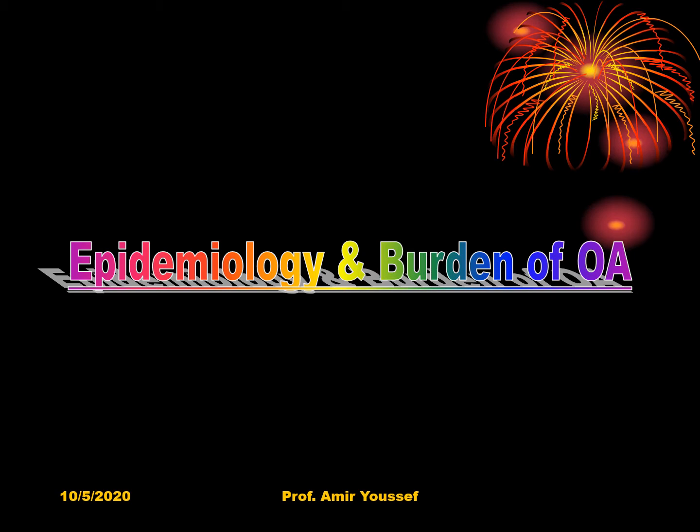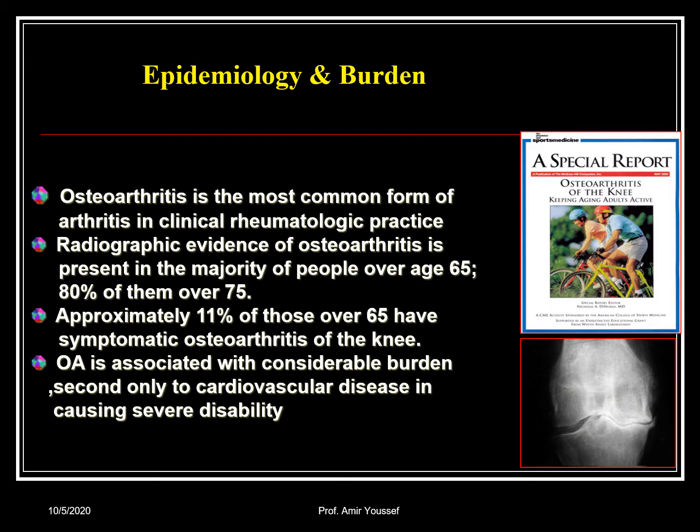Epidemiology and burden of osteoarthritis. Osteoarthritis is the most common form of arthritis in clinical rheumatologic practice. Radiographic evidence of osteoarthritis is present in the majority of people over age 65, 80% of them over 75.